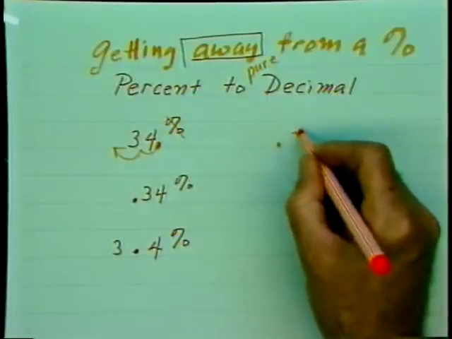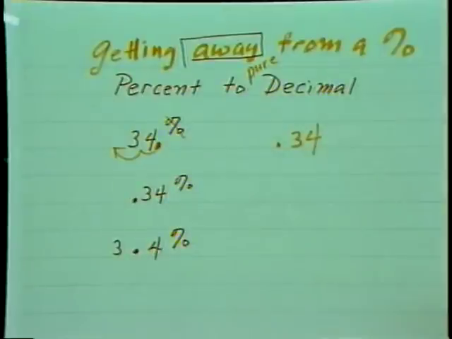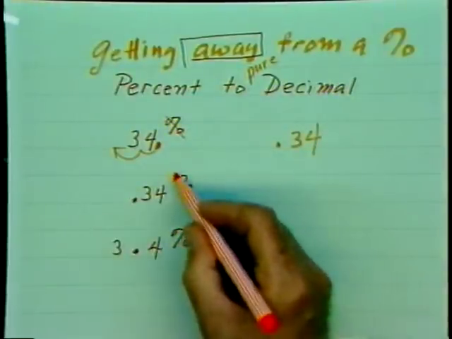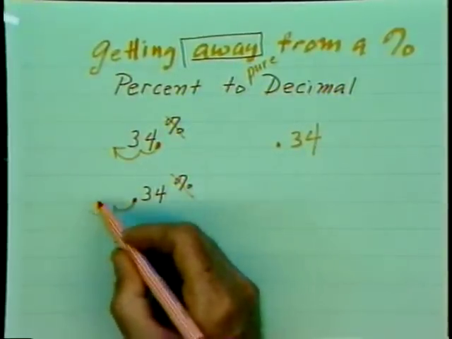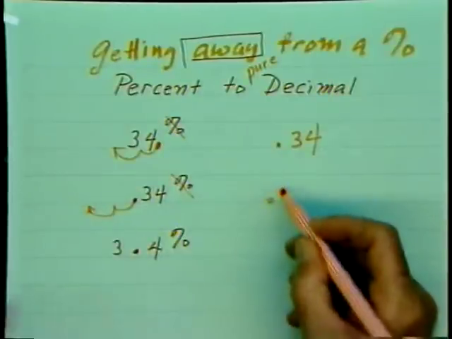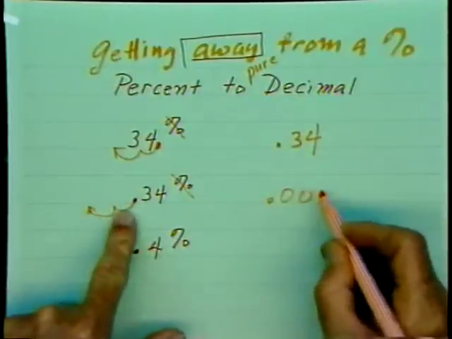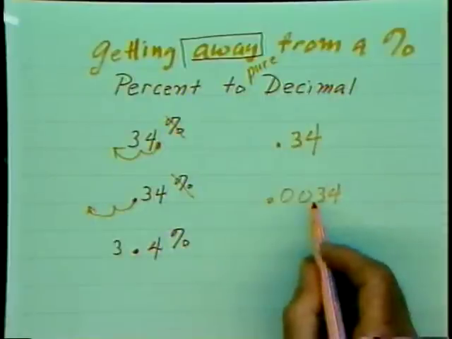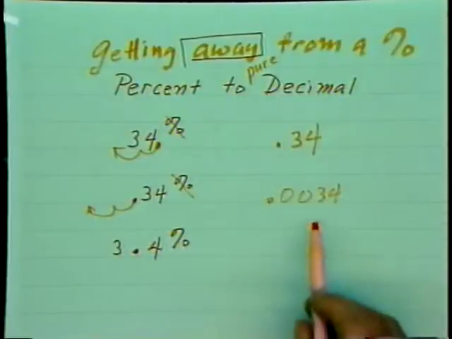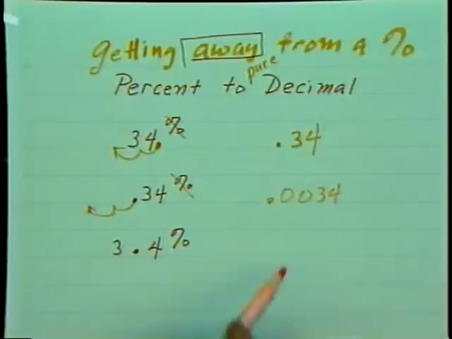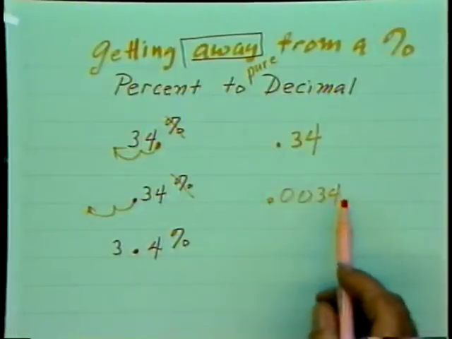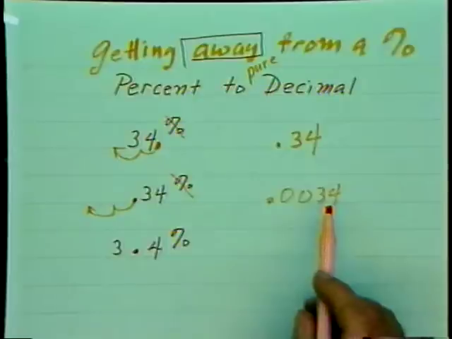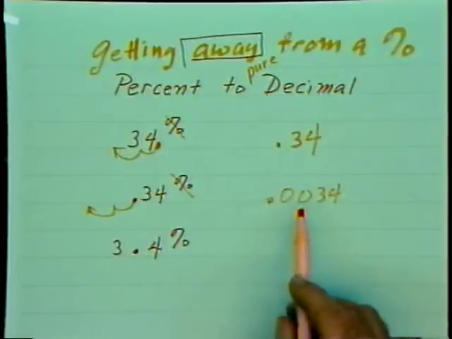Of course that's just the reverse of what we did previously. Again, drop it, move it 2 places away, and if in so doing you create extra places, you insert placeholder zeros, and then not to be concerned because it looks rather strange. It's a terribly small number. That's just the way it comes up, and this is the correct answer.